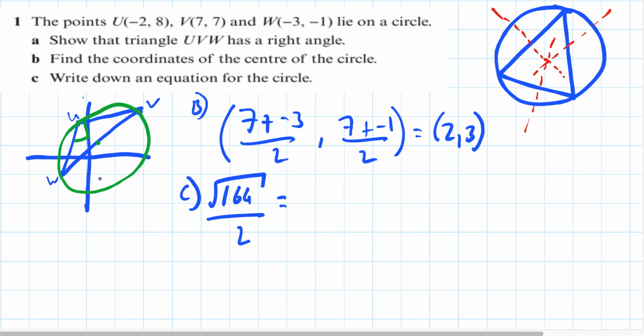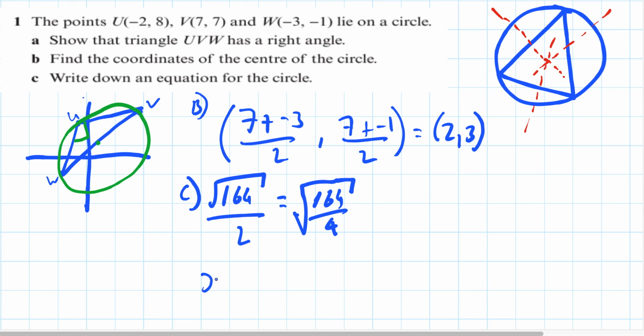From question 1, we worked out the diameter, so the radius is just half of it. We can't square root yet, so put it all under the square root, 164 over 4. Okay, I might just leave it as that.